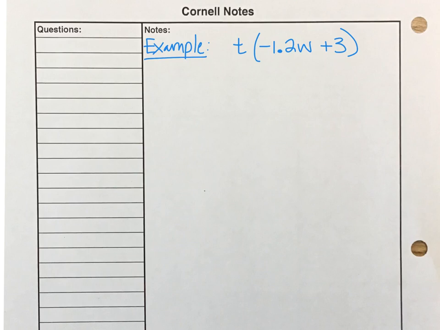In the next example, you see a t variable on the outside of the parentheses, and inside the parentheses you have the expression -1 2/10 w plus 3. So in this expression, we're going to distribute the t and multiply it times each of those pieces inside parentheses. So our expression looks something like this.